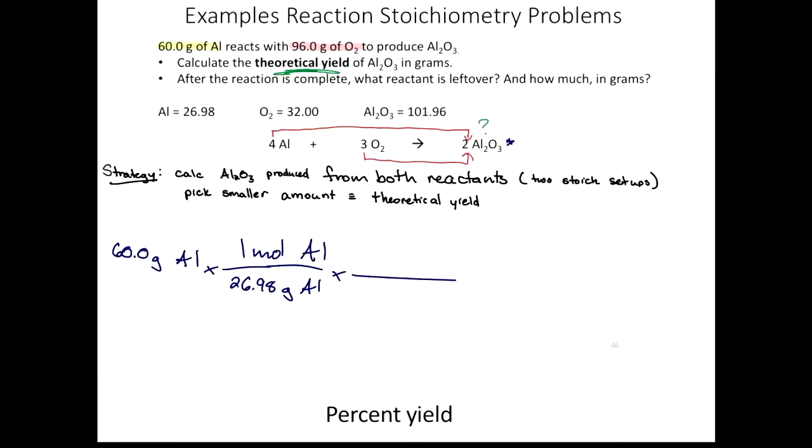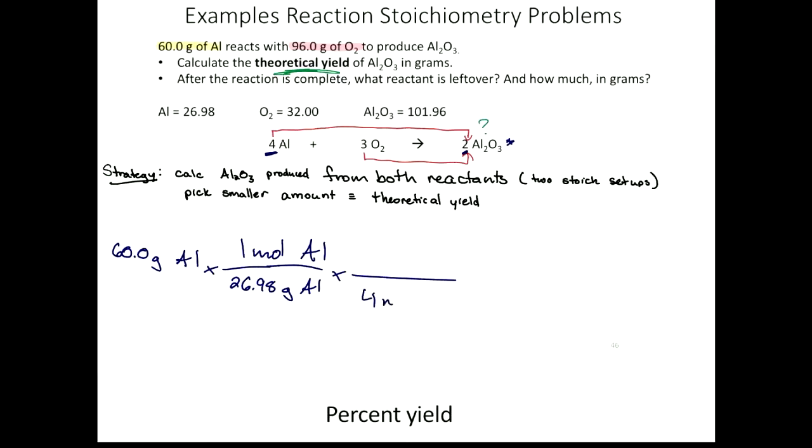All right, how do I get to moles of aluminum oxide? Stoichiometry, so the coefficients. Is it a 1-to-1 ratio? No, it is a 4-to-2. So that 4 is going to go on the top or the bottom? Bottom, yeah.